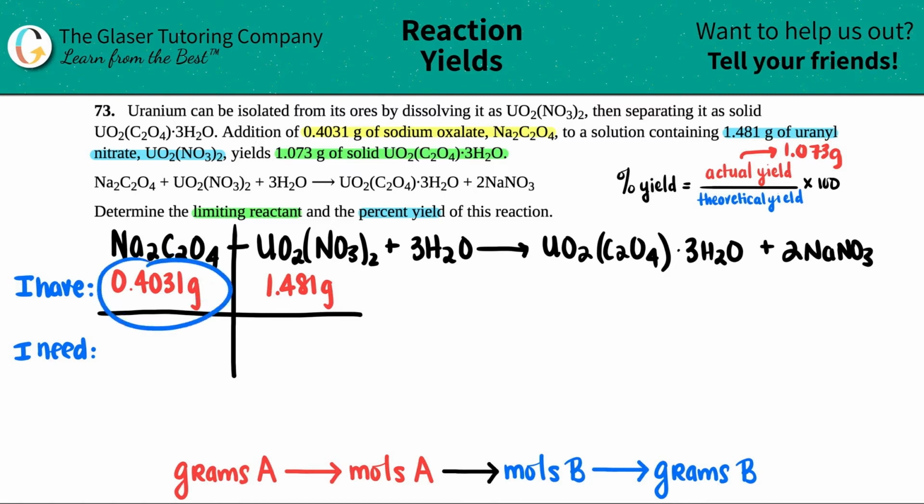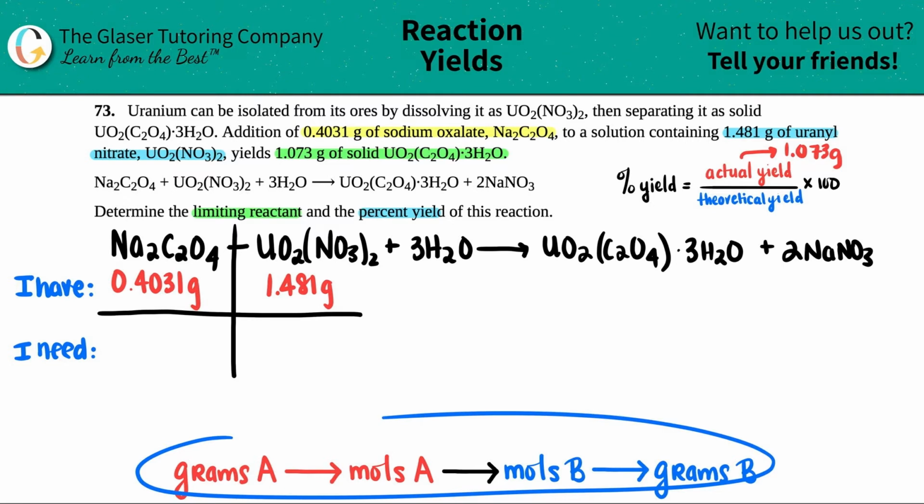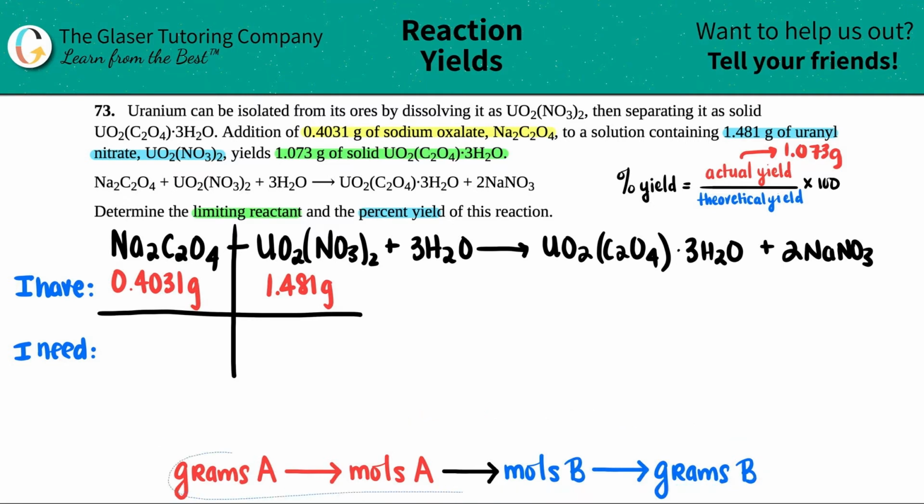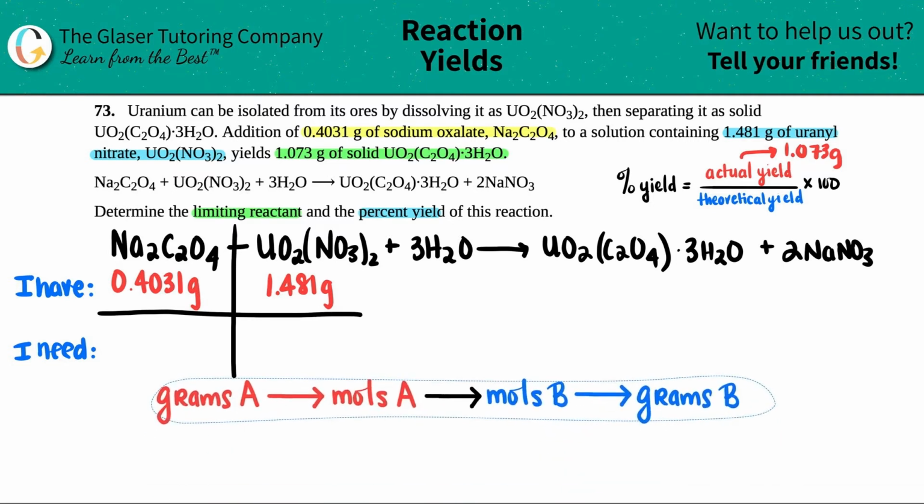So what I'm going to do is take the 0.4031 grams of Na2C2O4 and find out how many grams of this compound I need. Now, we know how to do this, right? We've done tons of stoichiometry. We're just going to use our stoichiometry roadmap here, and I'm going to fill it in for what we need.